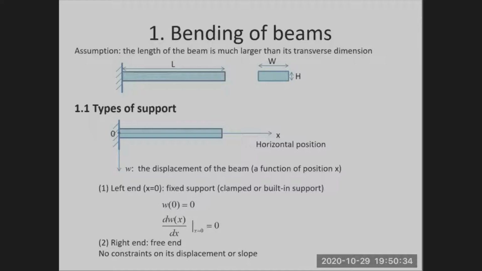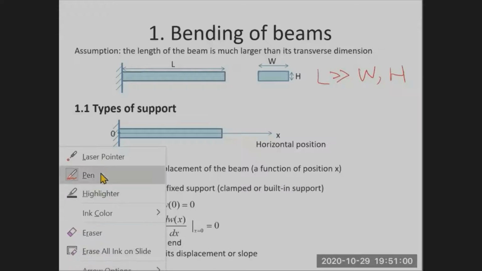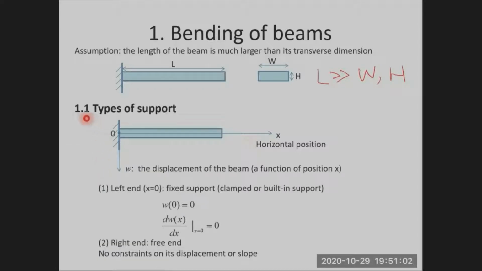Okay, next, let's discuss the bending of beams. Here we assume that the length of the beam is much larger than its transverse dimension, namely, L is much greater than W and H. So it's a slender beam. Let's first introduce the types of support.